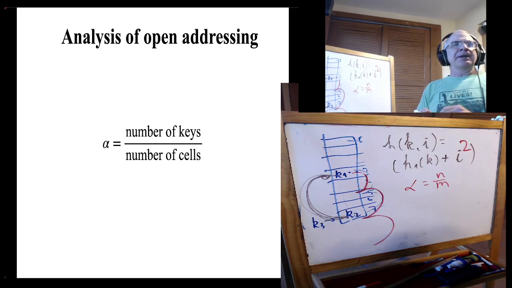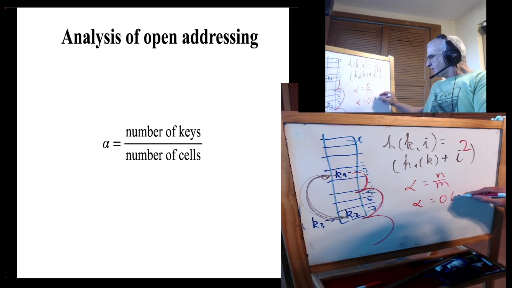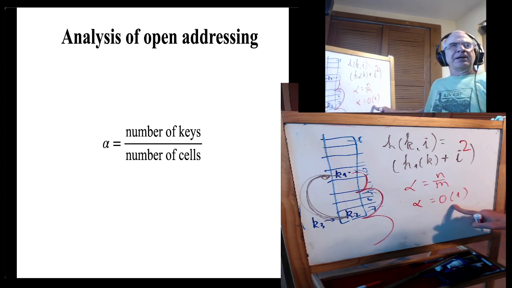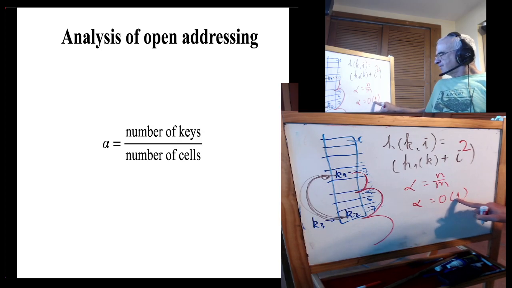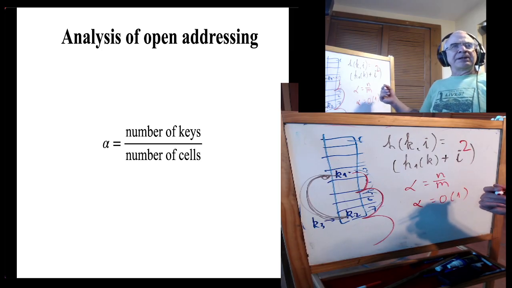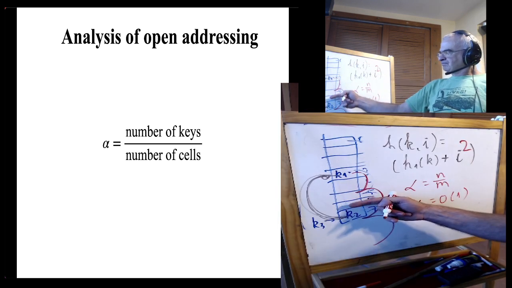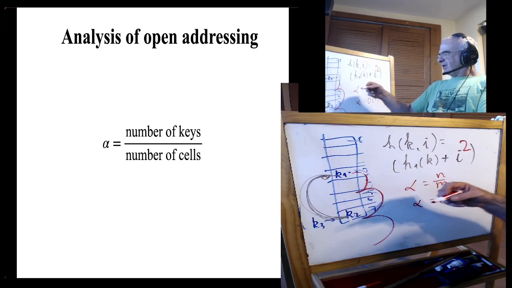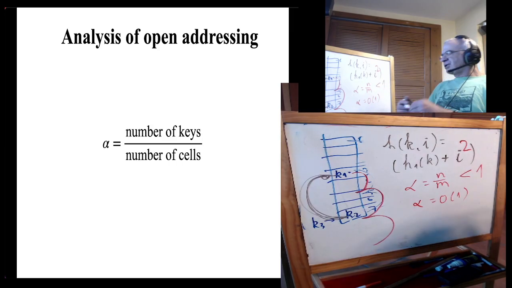When we were talking about chain hashing, we said alpha should be a constant, order 1. 1, 3, 5, but don't let this number go. But we didn't care very much which constant it is. Now we are talking about open addressing, meaning that all the keys are only in the table, as opposed to chain hashing, and every cell contains at most one key, implying that alpha is for sure smaller than 1.